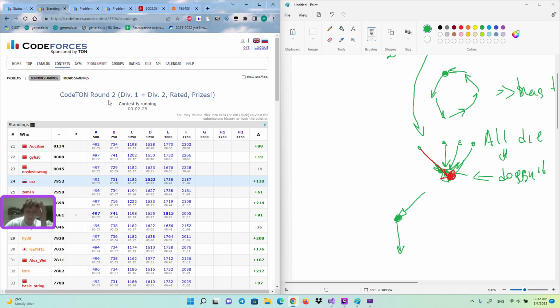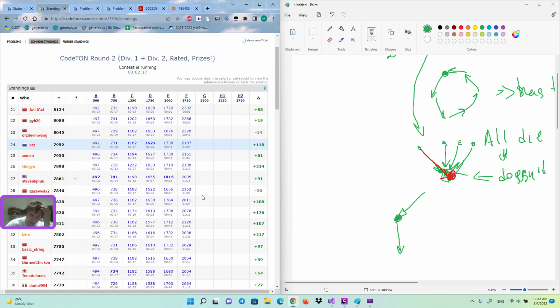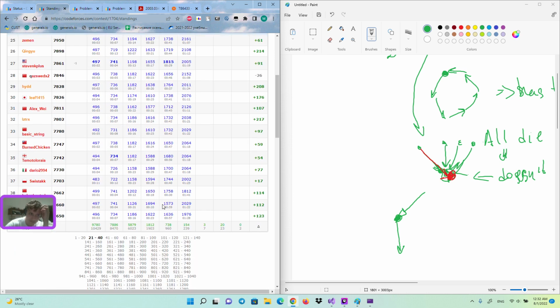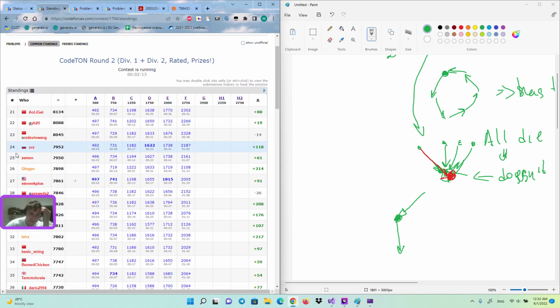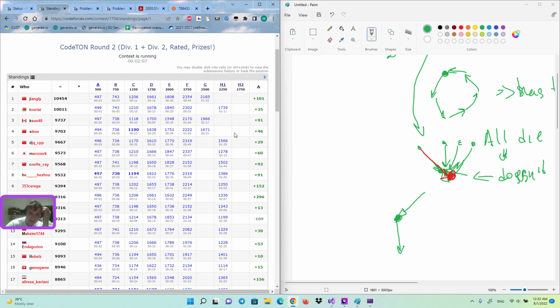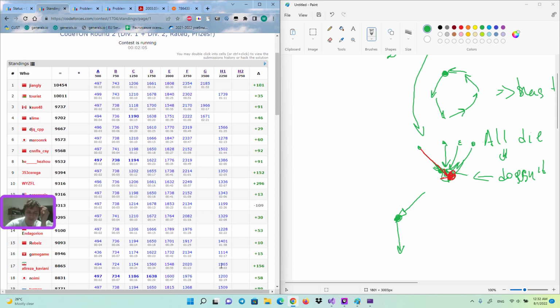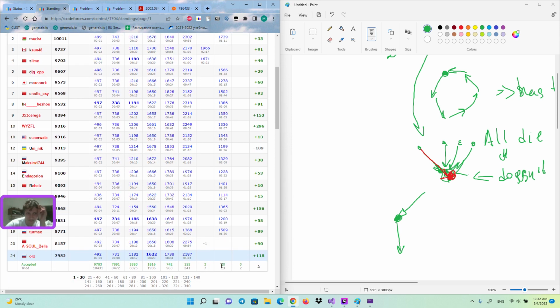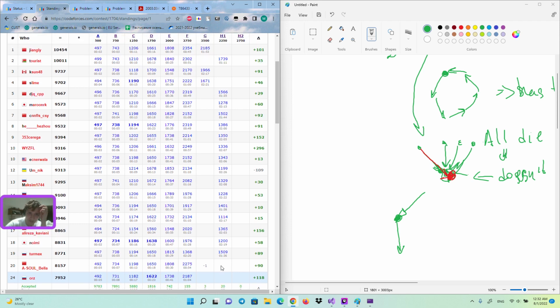So now it is not about solving more. It's like staying at this 24th place, not going down, and maybe some of these solutions fail, but I think that won't happen.